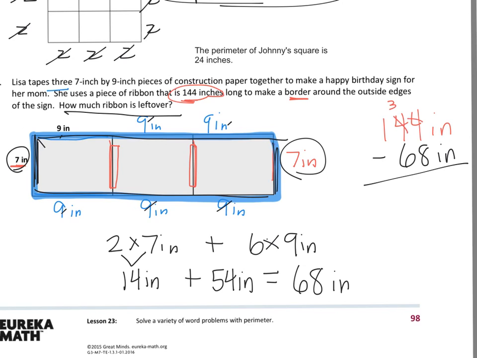And I know I'm going to have to decompose a couple of different times. And I'm going to be left with 76 inches. And there's my answer statement right there. There are 76 inches of ribbon left over.